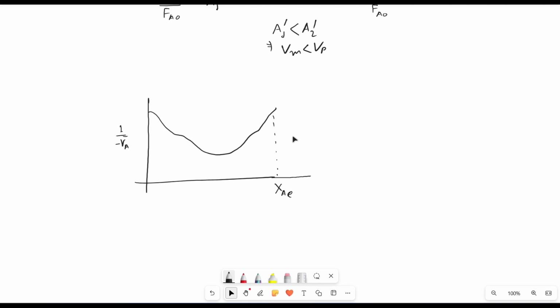But if we use two reactors, suppose this is point x1, up to this we use a mixed flow reactor, and after this we use a plug flow reactor. This is CSTR and this is PFR.